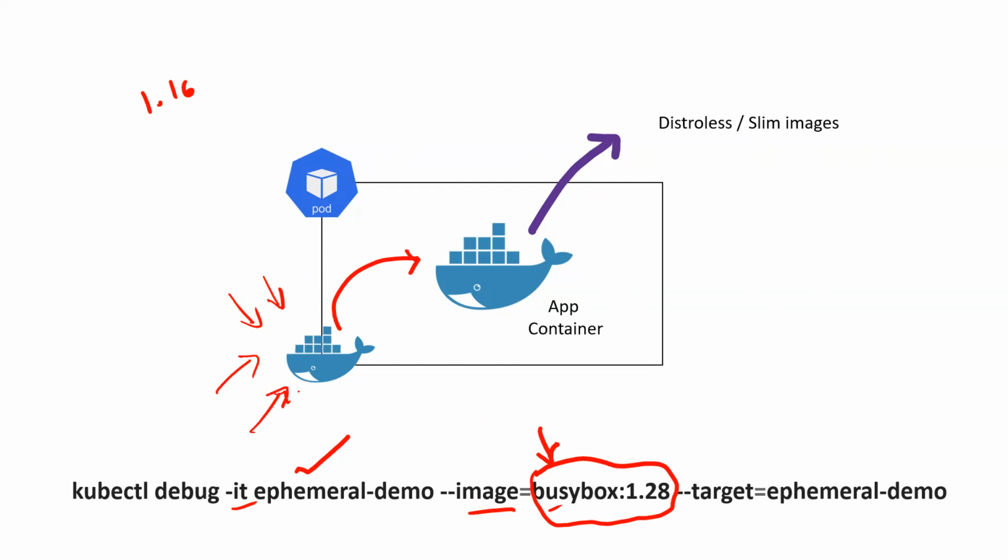So this is the best way wherein we can still keep the application container image as small as possible. And whenever we want to debug, only then can we create this ephemeral container and connect to the application container. There are so many disadvantages if you install all the required tools, because it can increase security vulnerabilities.